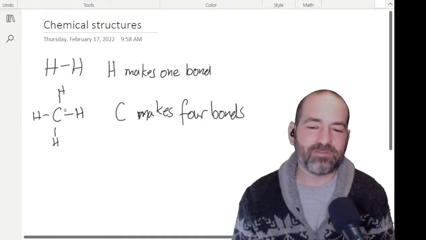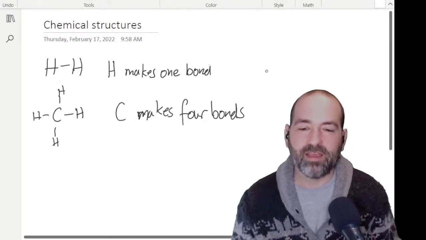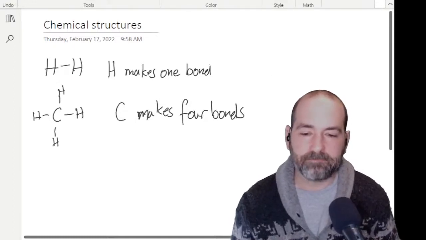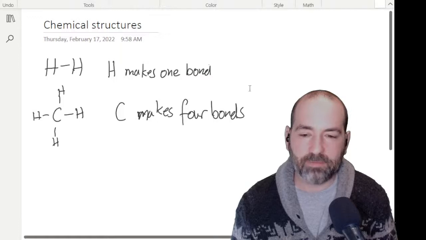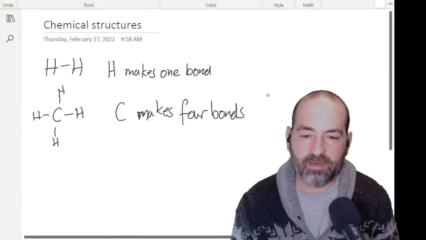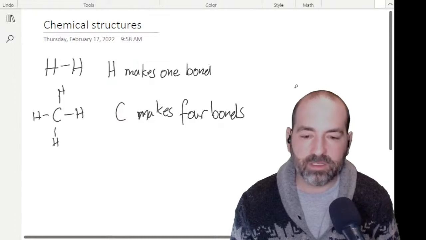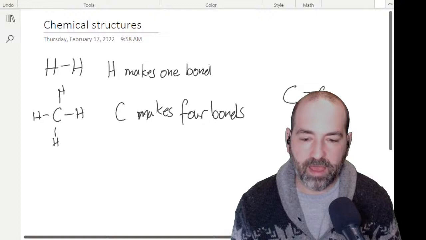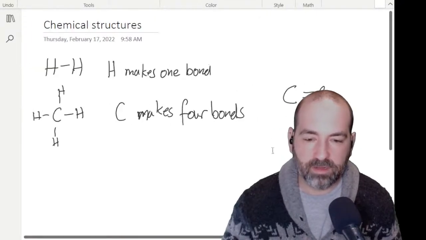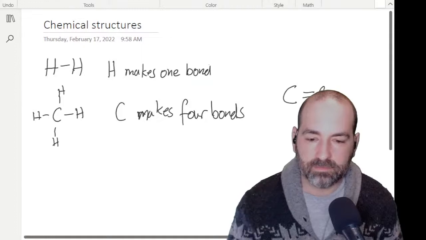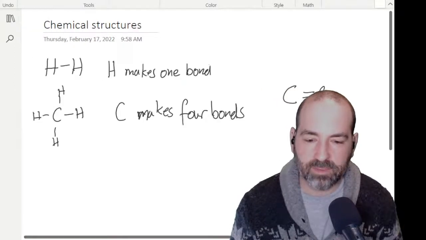But carbon generally makes 4 bonds, so we're going to see 4 lines coming off of carbon, and that can happen in a couple of different ways. So we can have, for example, something like this, where we drew here. But we can also have situations where we have multiple bonds between carbon and another atom. Move that over a little bit. No, doesn't want me to move it over.